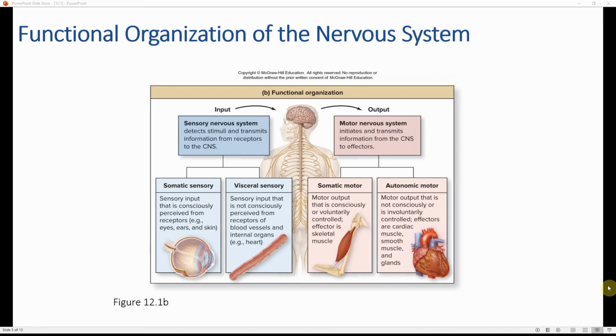So here's a little organizational chart of the nervous system. We've got input coming in from the left, and that's sensory input from both our perceived and unperceived senses. It's processed by the central nervous system, and then some kind of decision is made, and those signals are then sent out. You'll notice it's not a back and forth arrow. This is a one-way system.